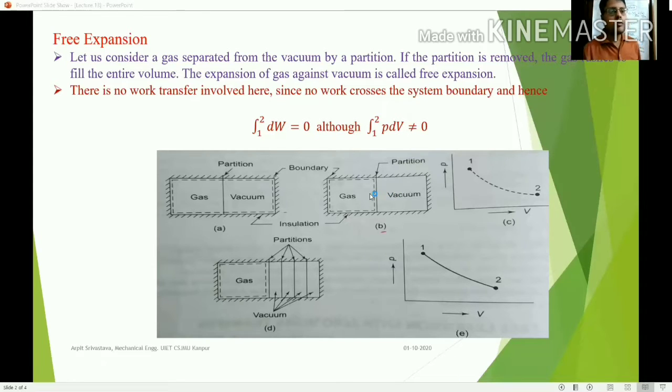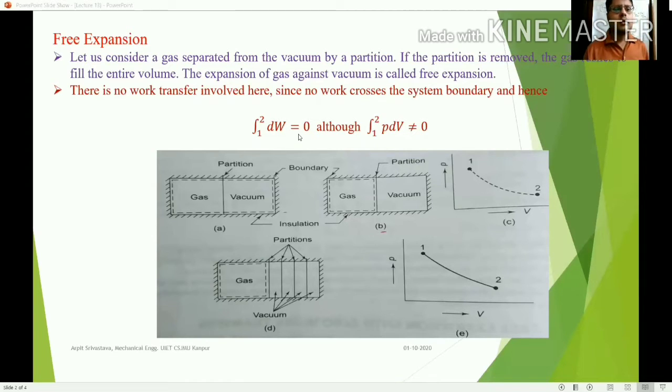That means work and heat both must be transferred through the boundary interface. But here the expansion process is happening, but work cannot cross the boundary interface. So that's why we can say that integration of 1 to 2 dW is equal to 0, because work is not crossing the boundary.